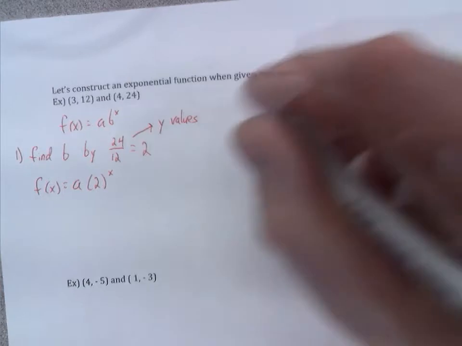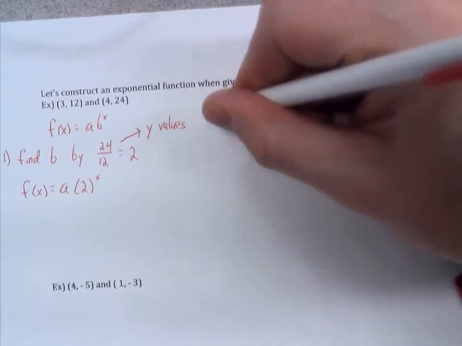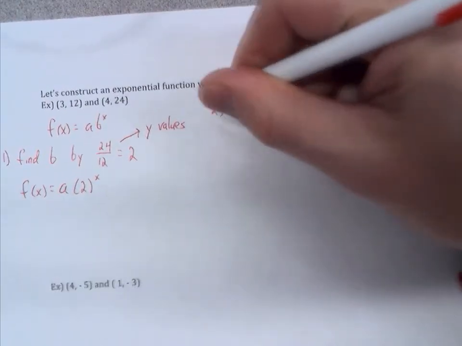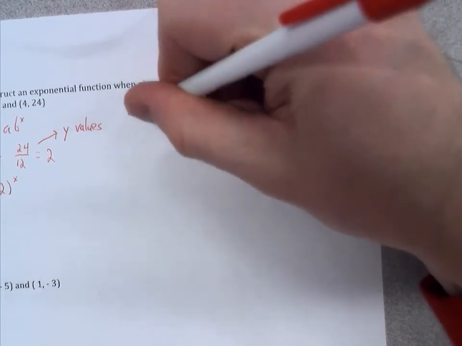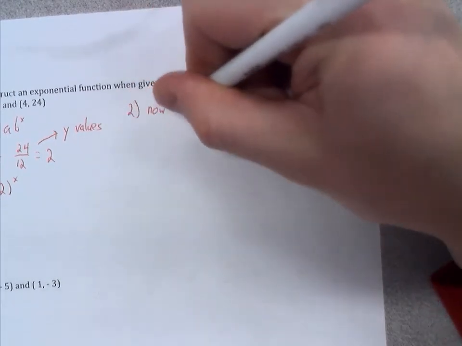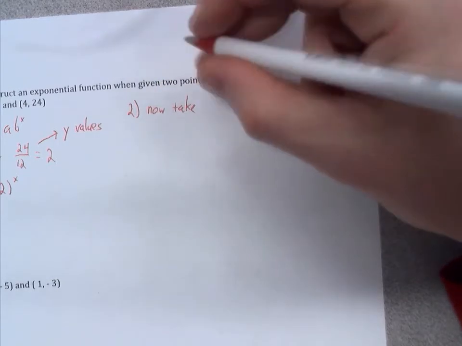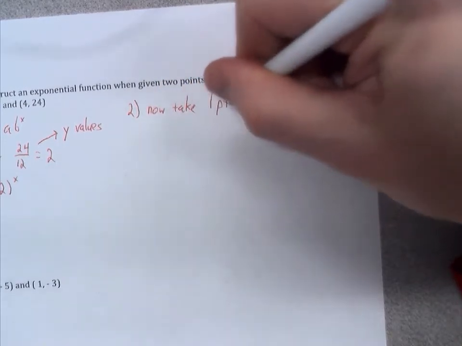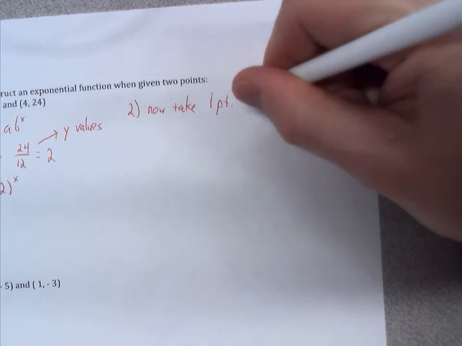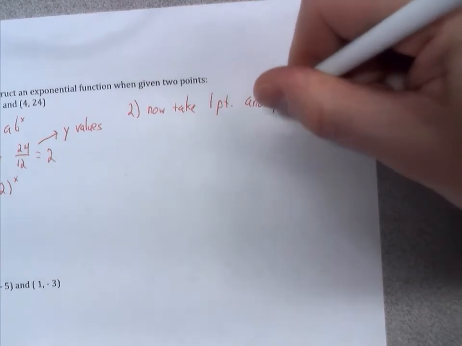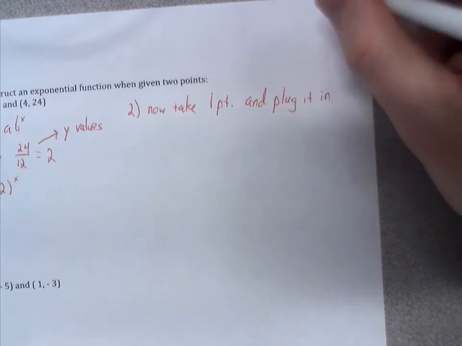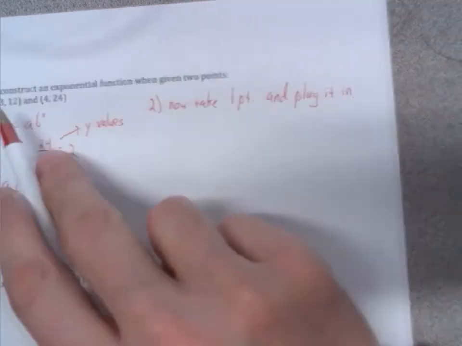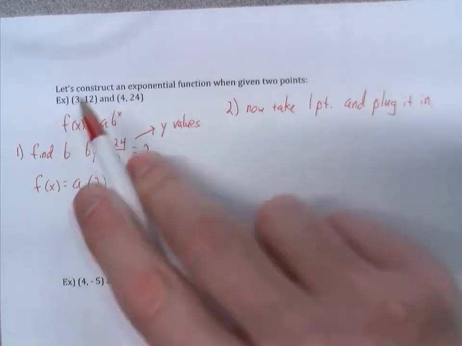All right, so what can we do from here? Let's go to step 2. Step 2, now take 1 point, plug it in to that equation. So I'm going to use this point here, the (3, 12).